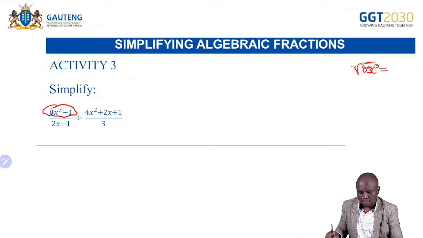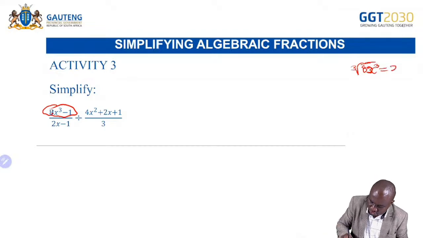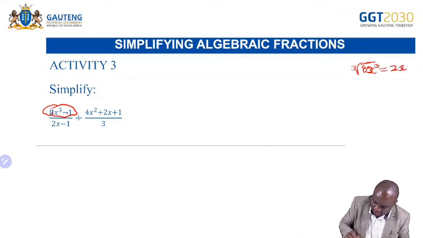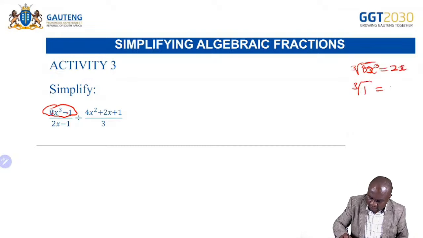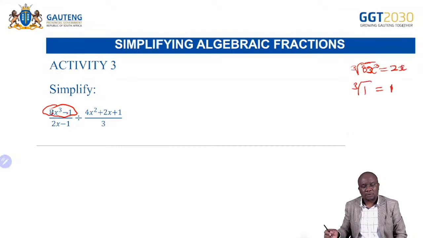So the cube root of 8x cubed is 2x. And then 1 is a cube number also. What is the cube root of 1? It is 1.